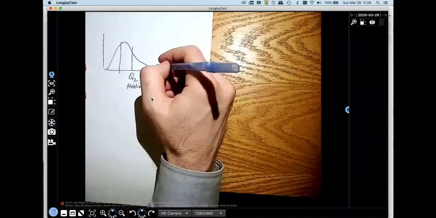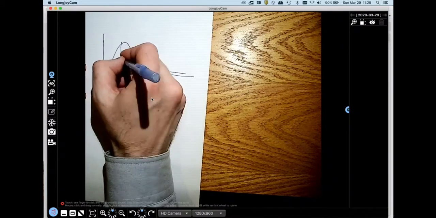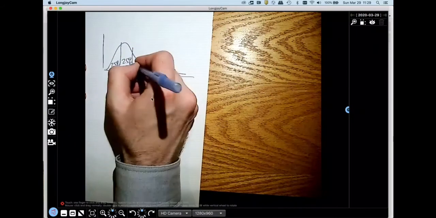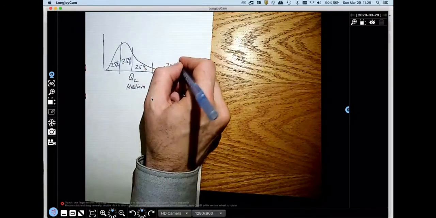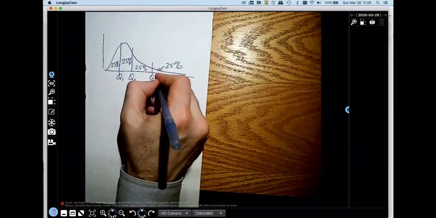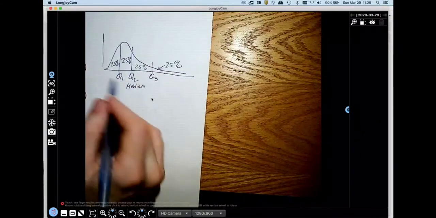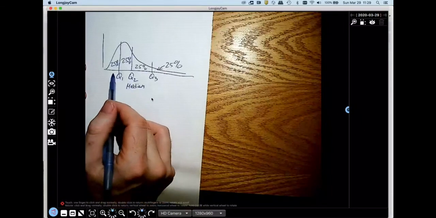If I further subdivide this, so let's say this is 25% of my distribution, this is 25%, 25%, and this is 25%. I'm going to call this Q1 and Q3. So I have divided my distribution into 4 equal sized parts.